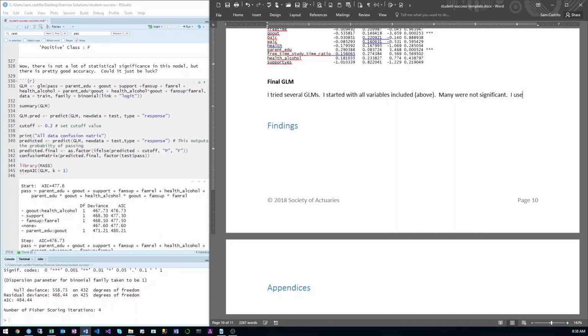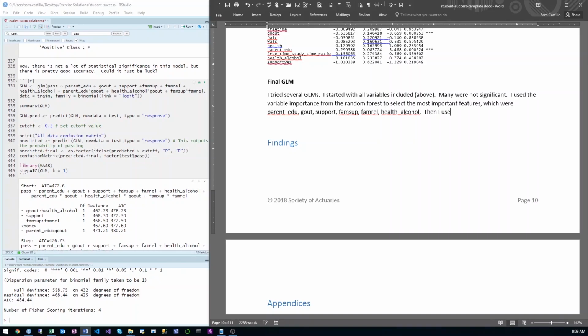I used the variable importance from the random forest to select the most important features, which were parent, edu, go out, support, fam relation, health, alcohol.